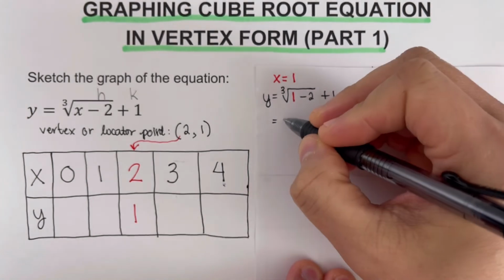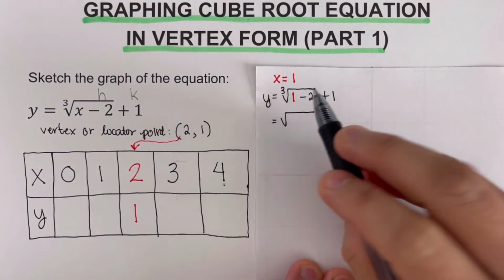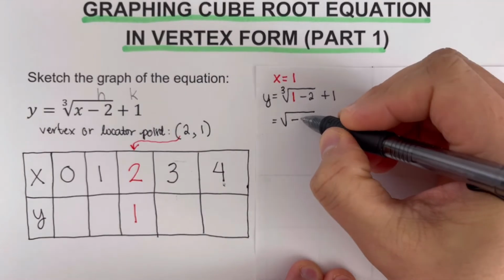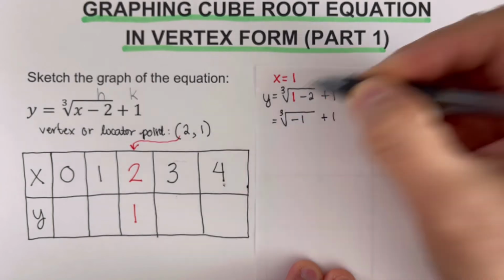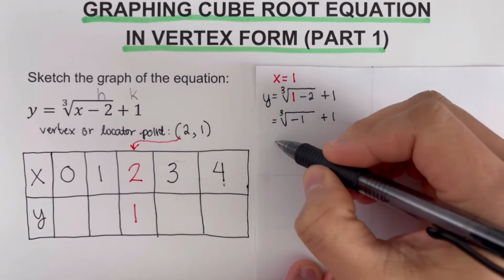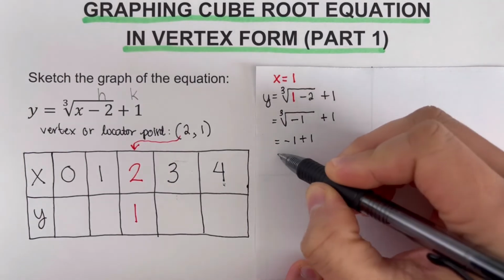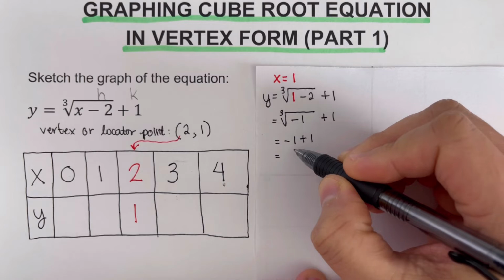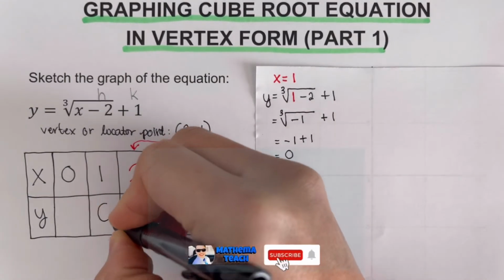The cube root of 1 minus 2 is negative 1, so I write negative 1 right here, and then plus 1. The cube root of negative 1 is negative 1, and then we have a plus 1. So this tells us that the value of y when x is 1 is 0. I'll write that down here.